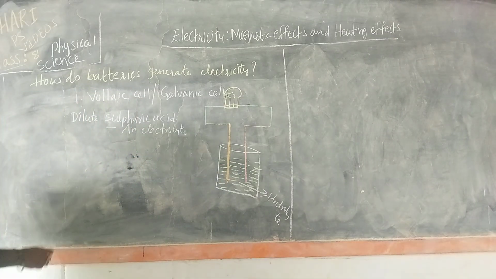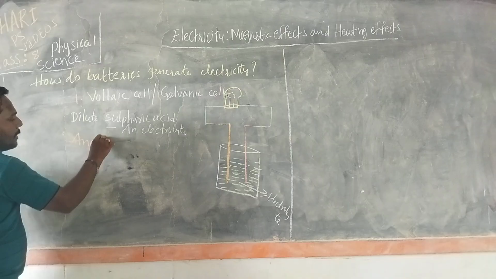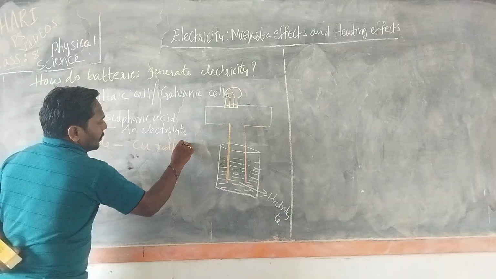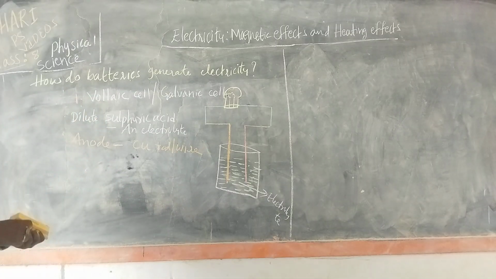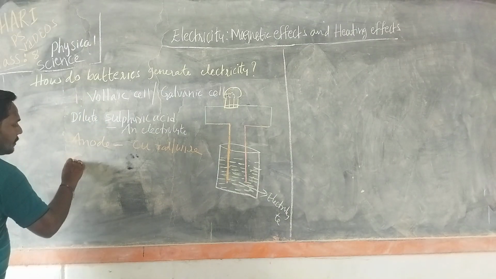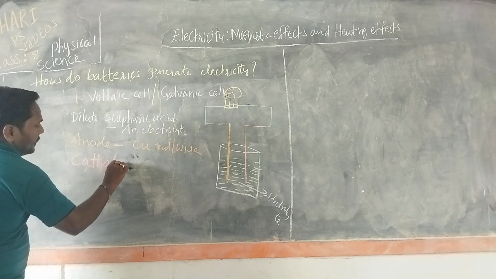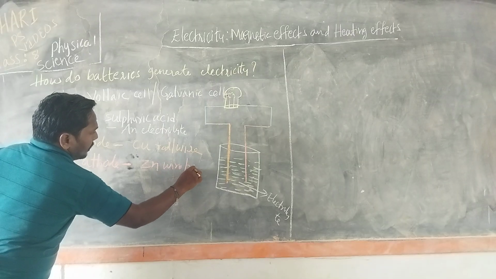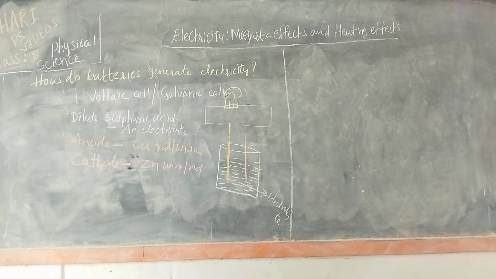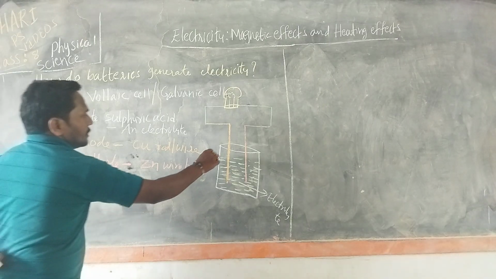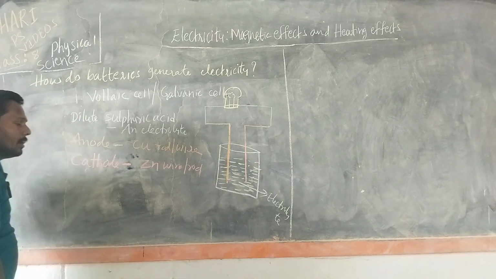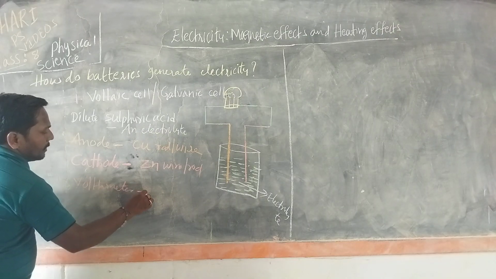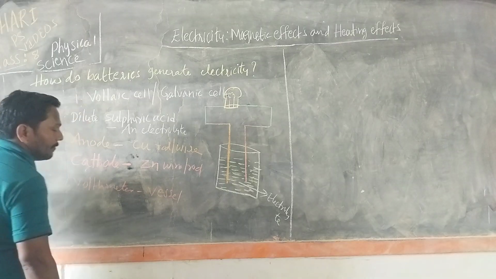That is the anode. So here the anode is a copper rod or copper wire. Then the next one is the cathode. That is a zinc wire or zinc rod. Then this is a vessel. The vessel is called a voltameter, a container or a vessel.